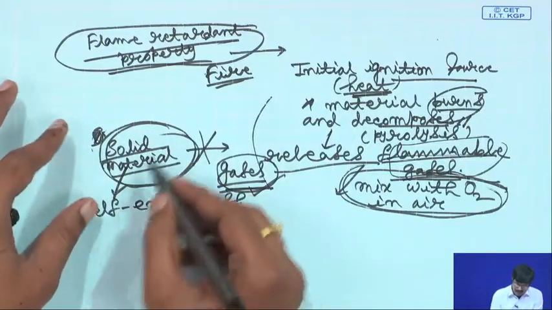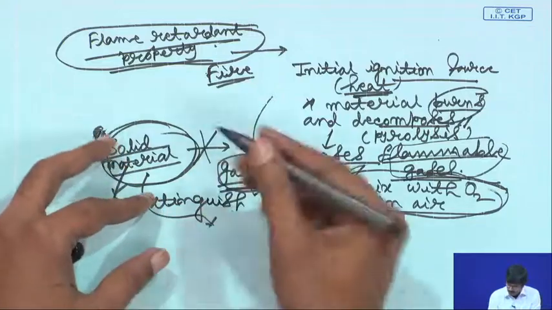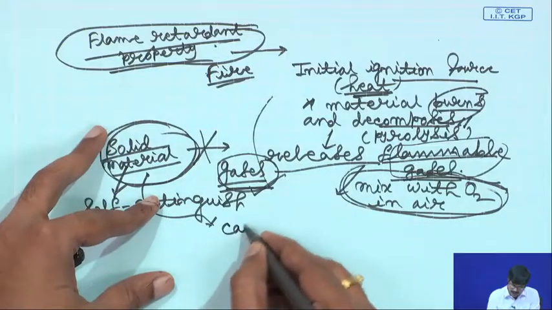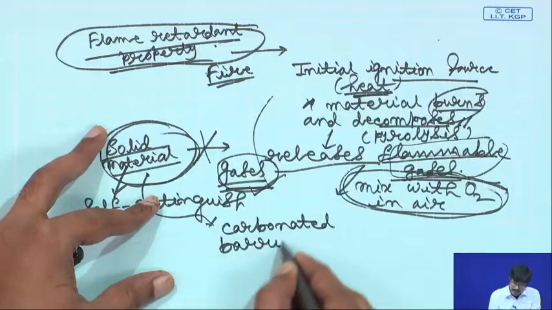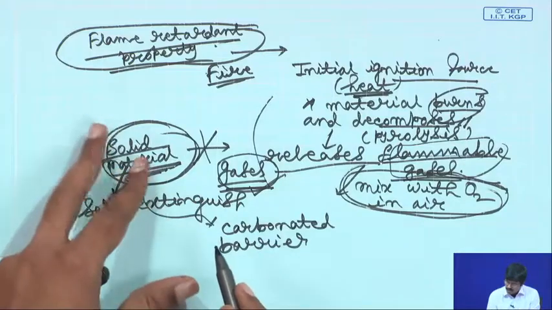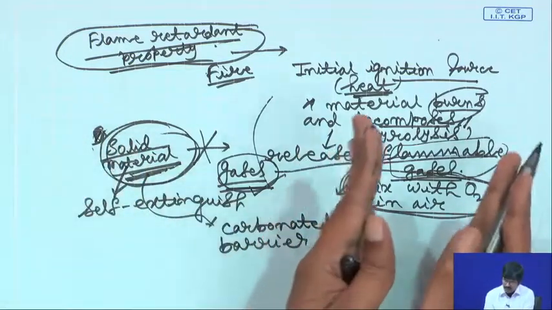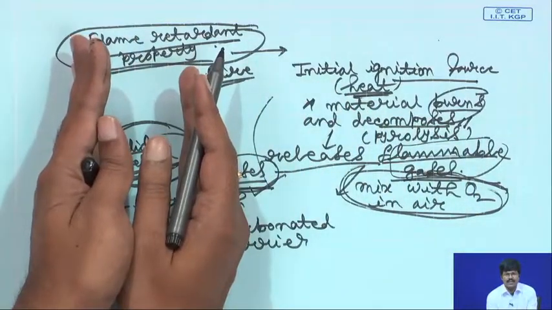Okay. And what you can do is that maybe this flame retardant material can form a carbonated barrier over this solid material, preventing contact between the flame and the underlying material, first of all.